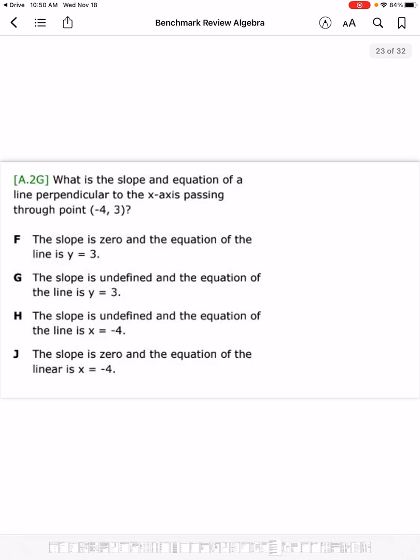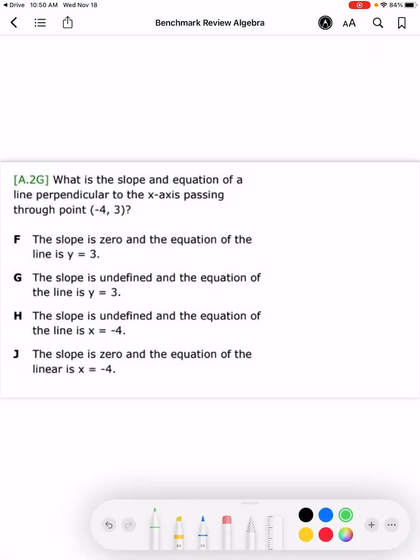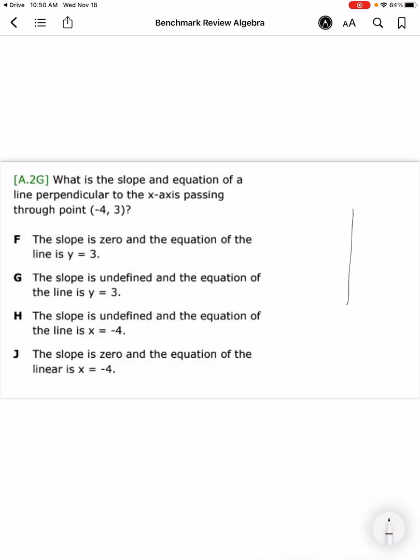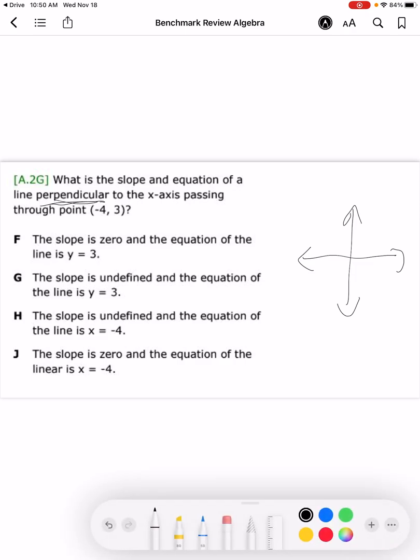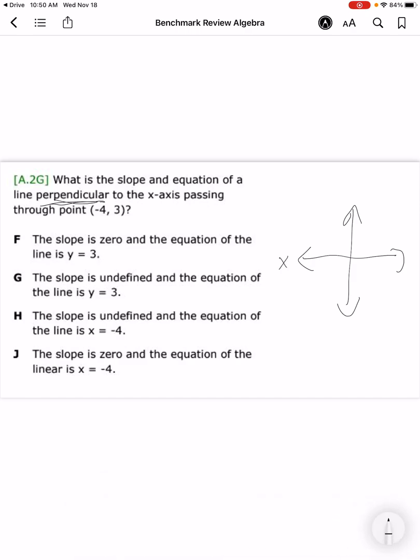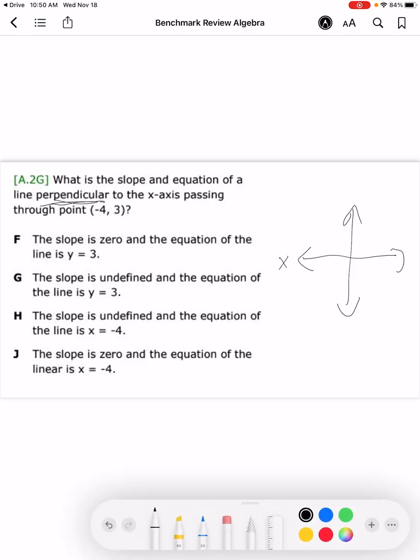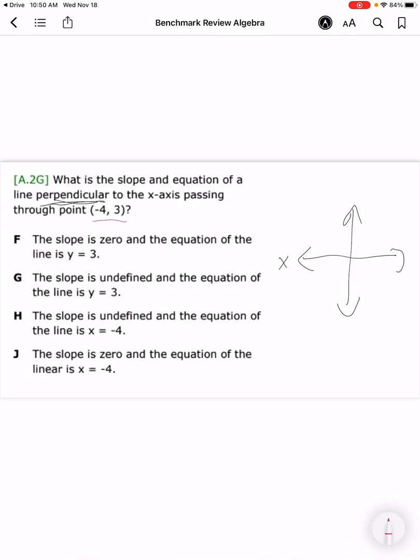Okay, here on this one, we want to do something a little different. We want to create a rough coordinate plane. It says, what is the slope and equation of a line that is perpendicular to the x-axis? So the x-axis is right here, and I need one that goes perpendicular. Perpendicular means that it goes through the x-axis, and I have a point of -4, 3.